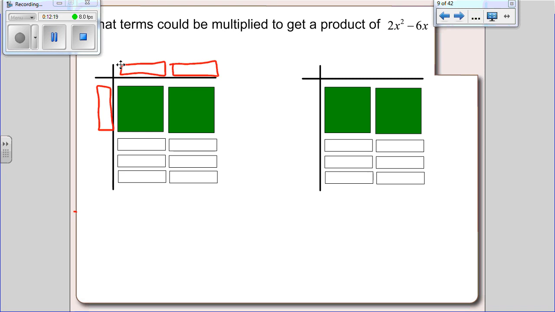A bunch of little positive ones. And you see how those outsides would create this inside. This would represent negative 2x. This would be negative x plus 3. So it could look like this.